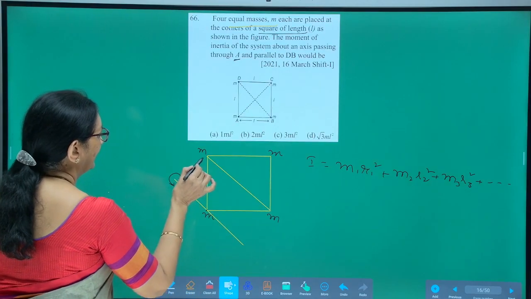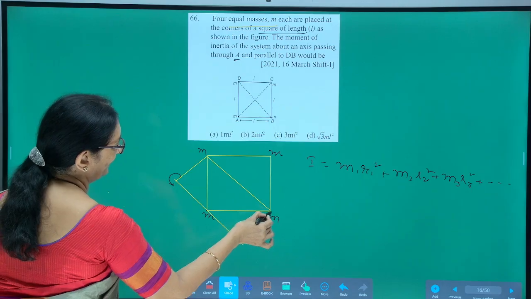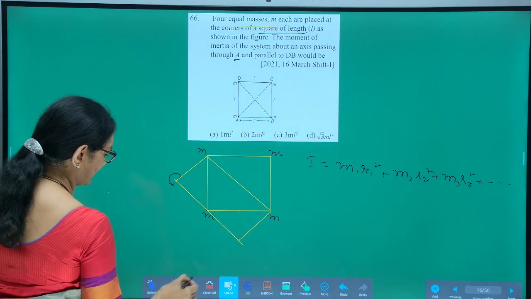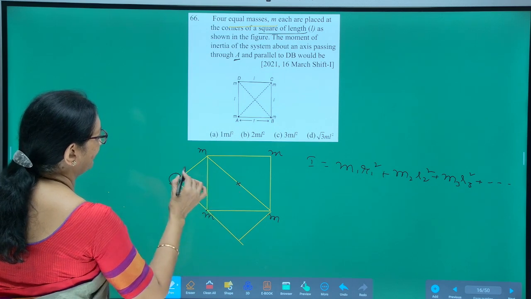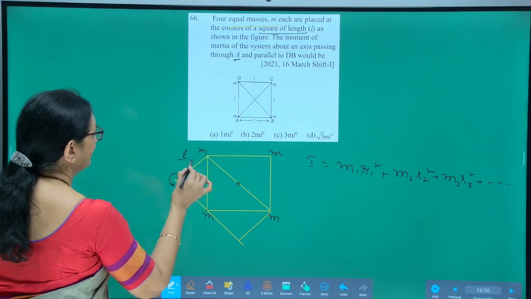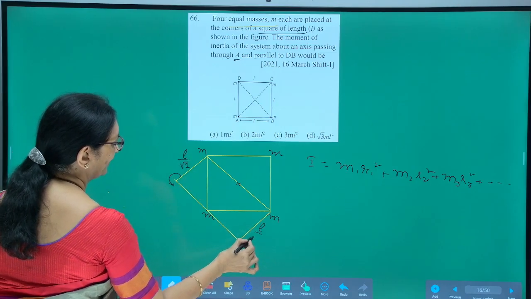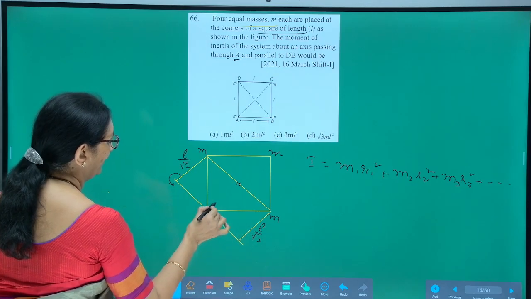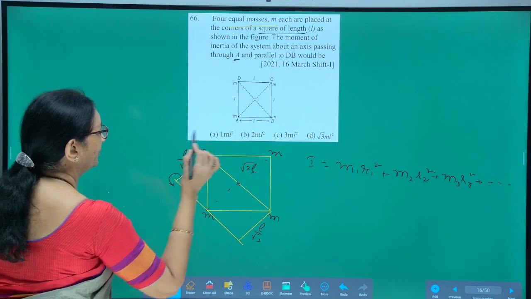Now, the perpendicular distance of this particle from the axis, and of this one from the axis, is equal to the distance of each corner from the center of the square.